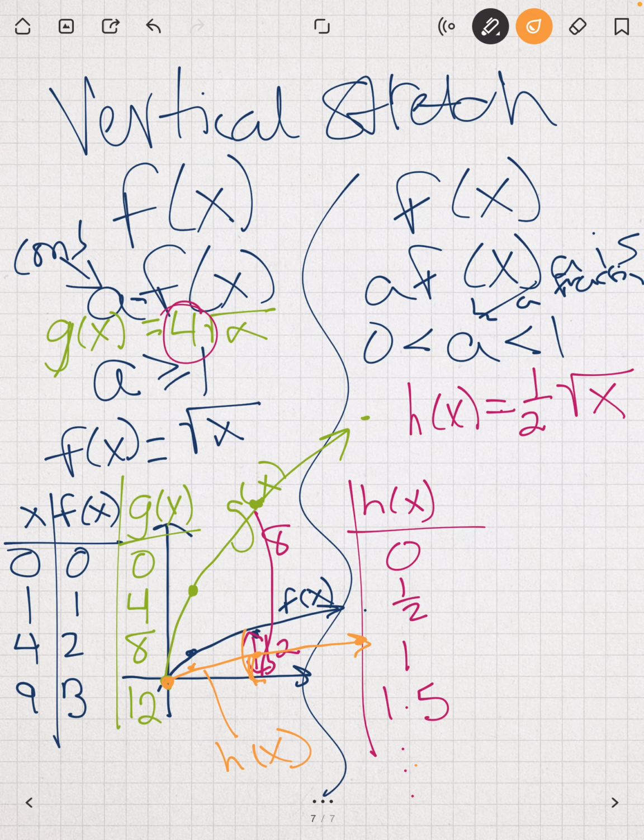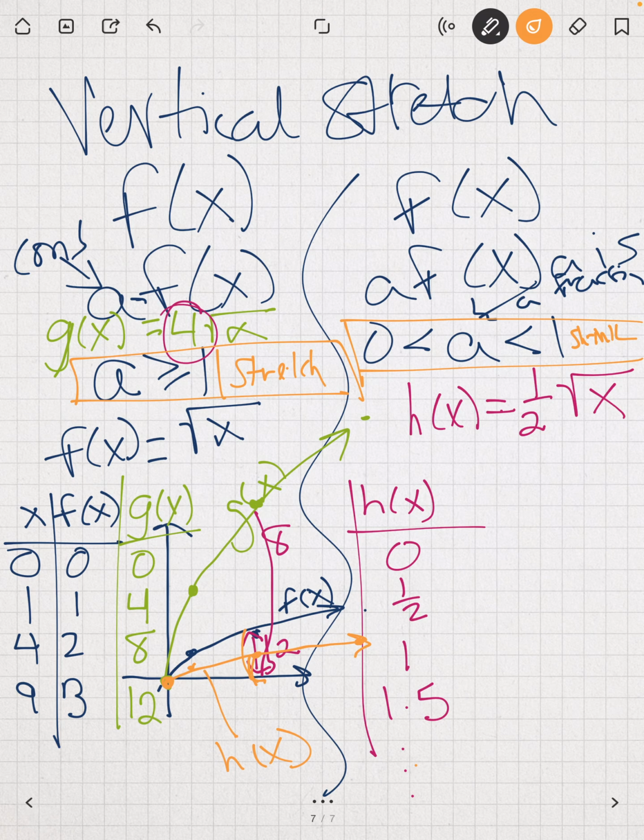And so if a is bigger than 1, that's a stretch. If a is between 0 and 1, that's a shrink. And so depending on if that number we're multiplying by is larger than 1, the distance from the x-axis will increase. And if it's between 0 and 1, it will decrease.